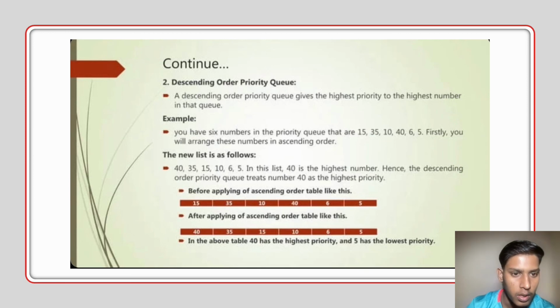Firstly you arrange the numbers in ascending order like 30, 40, 35, 15, 10, 6, 5. 40 is the highest number, hence in the ascending order priority queue 40 is treated as the highest priority. It enters first from the front, and the 35 from the rear side, and the 15 from the 35, and then 10, 6 and 5. The highest priority is 40.